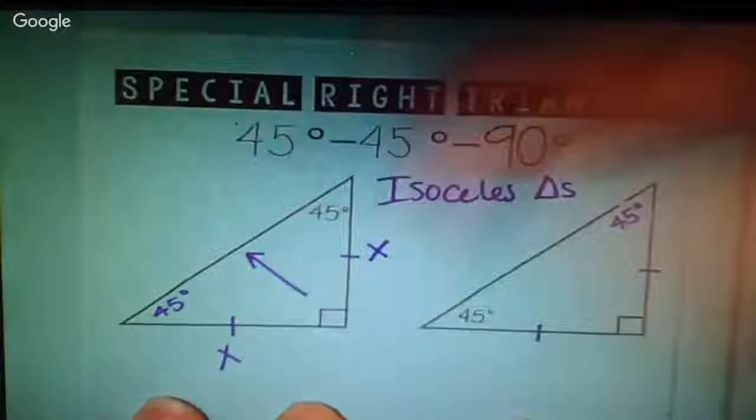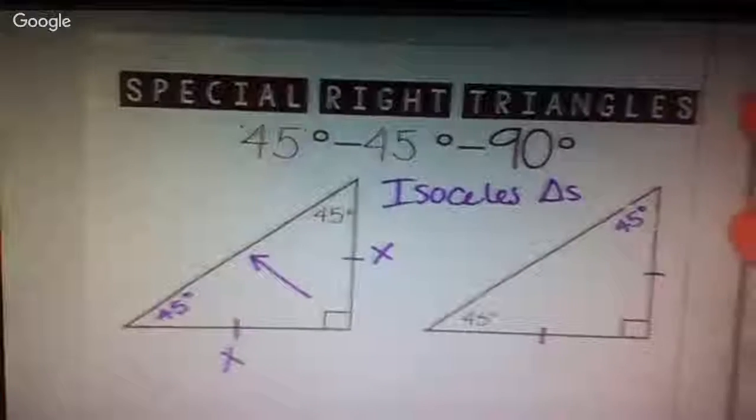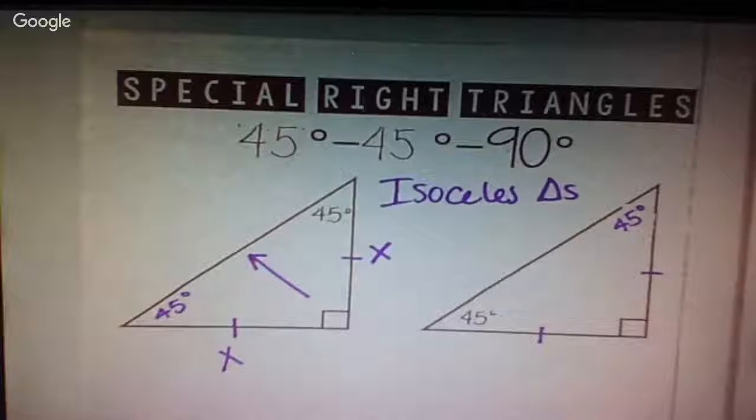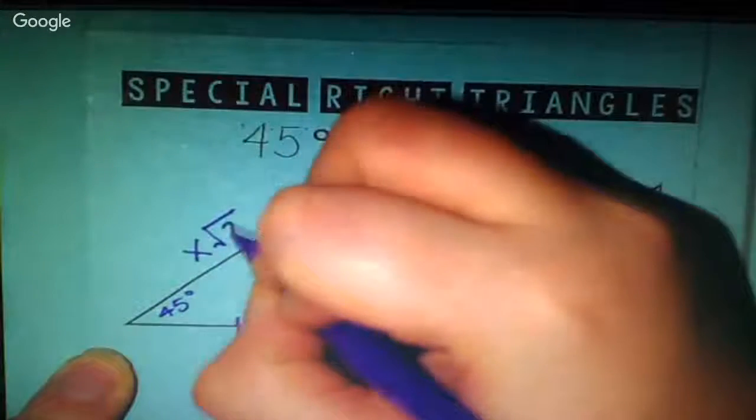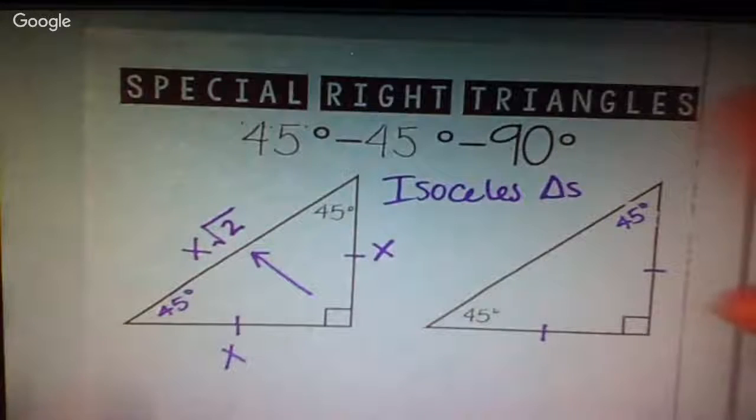If my legs are x, should my hypotenuse be bigger than that or smaller than that? Bigger. Your hypotenuse is always your biggest. So in a 45-45-90 triangle, the hypotenuse is the square root of 2 bigger than the other sides. So to get your hypotenuse, you would multiply your side by the square root of 2. And you would leave it in those terms unless they want you as a decimal.